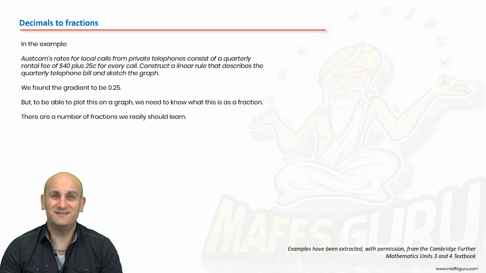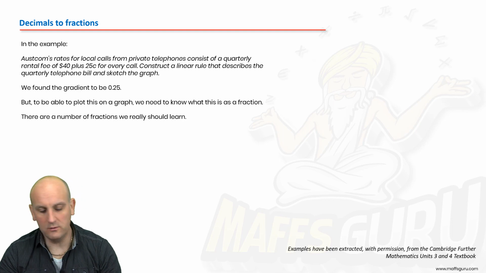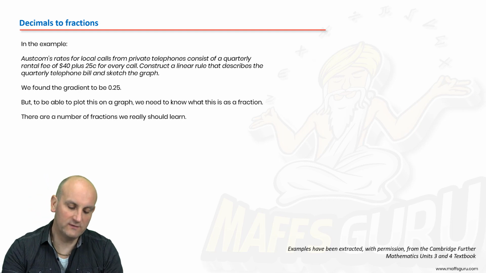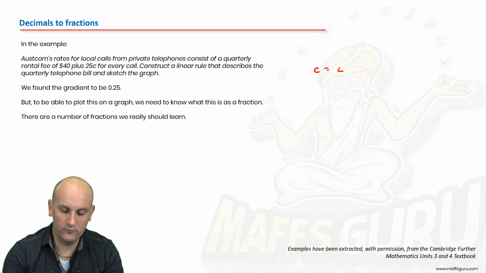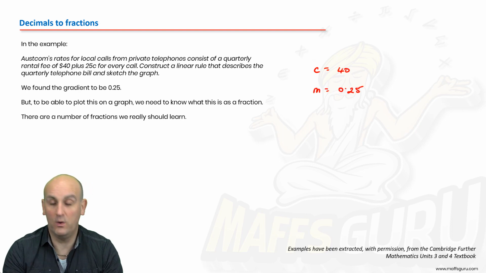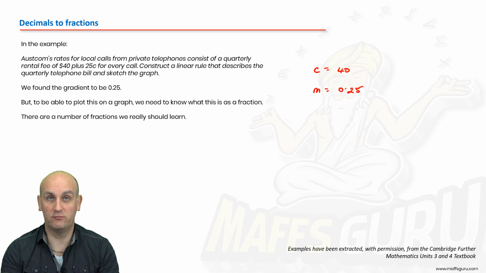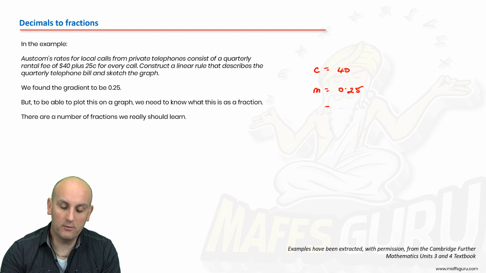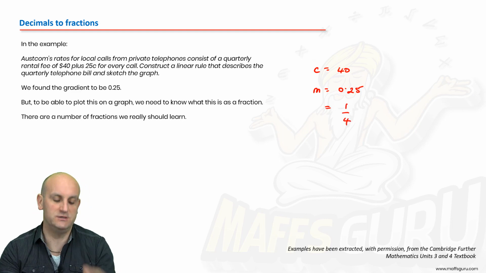Absolutely. Oh, there's another trick. Oh no, what's going on here? Well, we've said that my intercept was equal to 40, and we knew my gradient now is equal to 0.25. And while we can absolutely have gradients as 0.25, it's not a major issue, I probably would want to know what that was as a fraction as well. Now, a lot of these you have to learn.